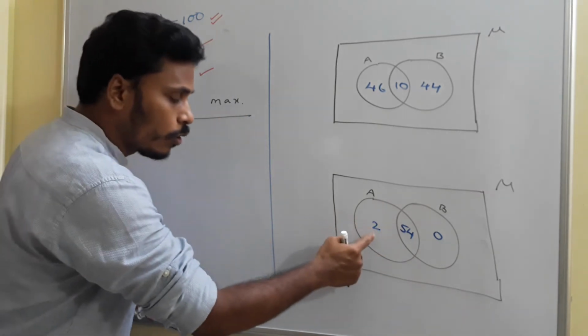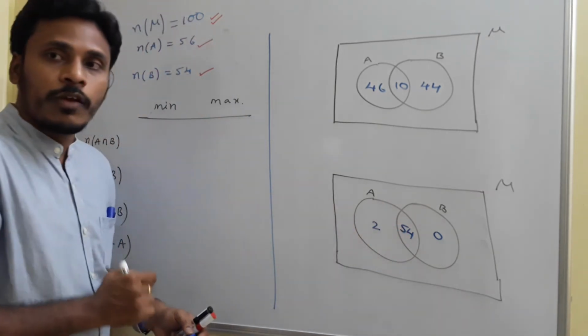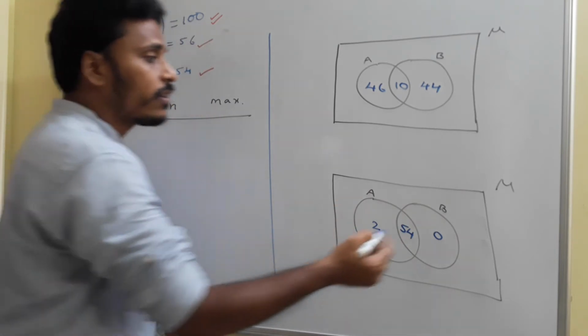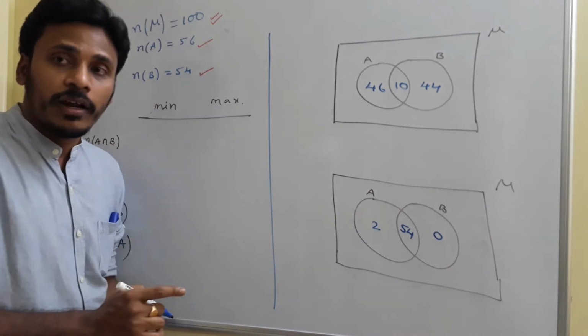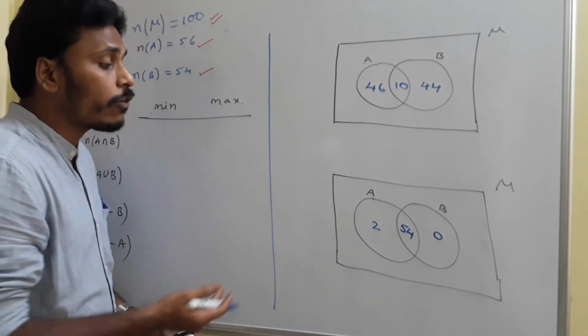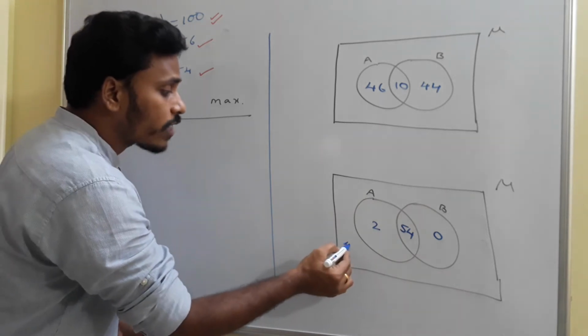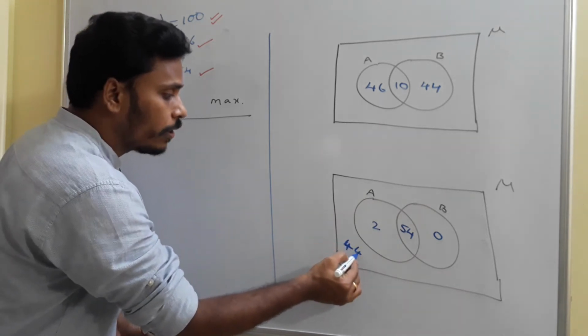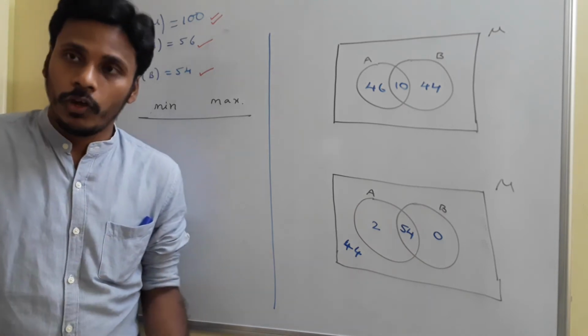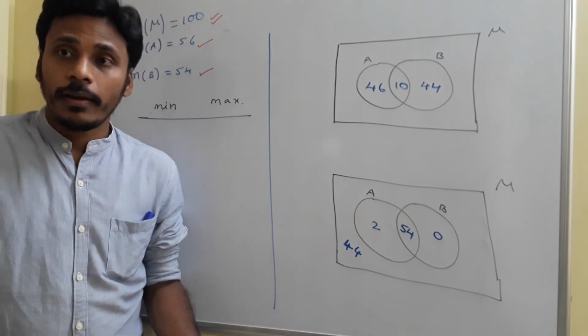Now 2 plus 54 is 56. But this universal set must contain 100, so where are the remaining 44 numbers? The remaining 44 numbers are outside of A union B. They belong to the complement of A union B. Such a possibility is also there.